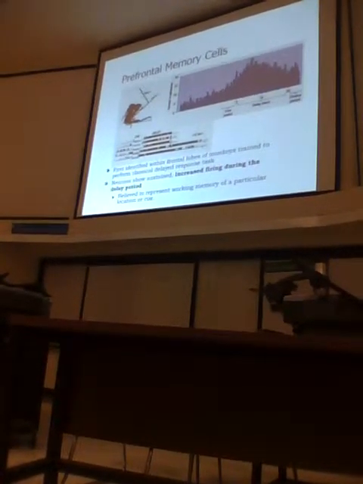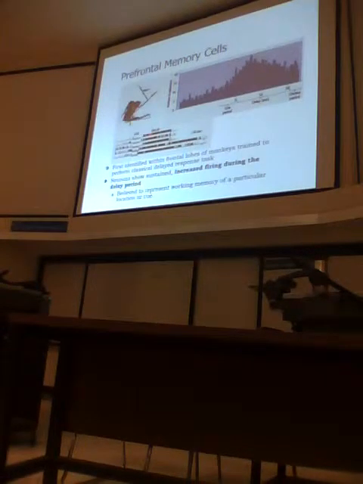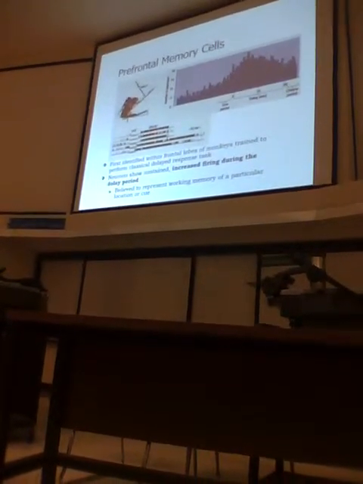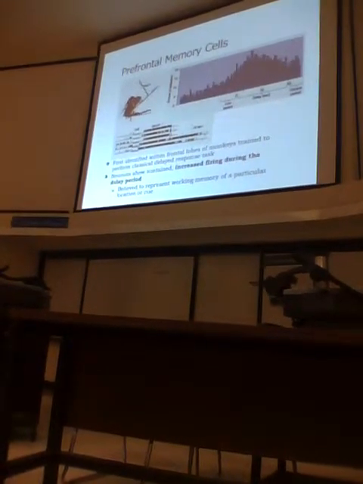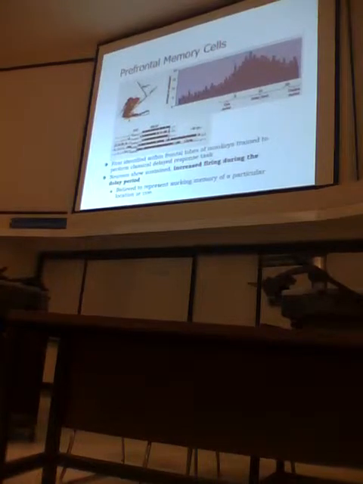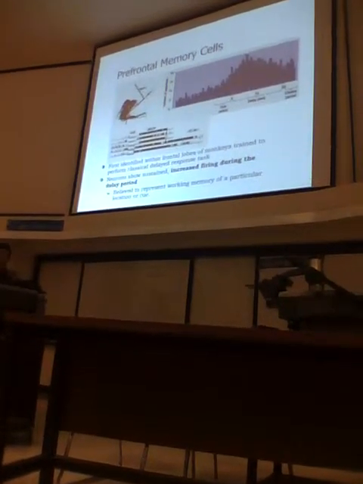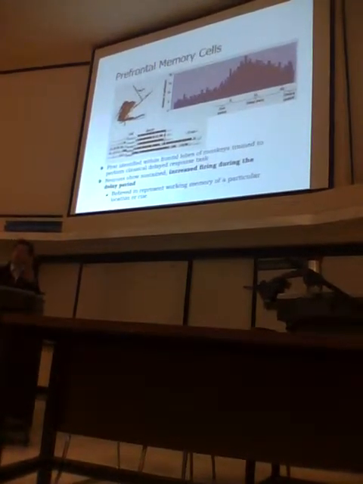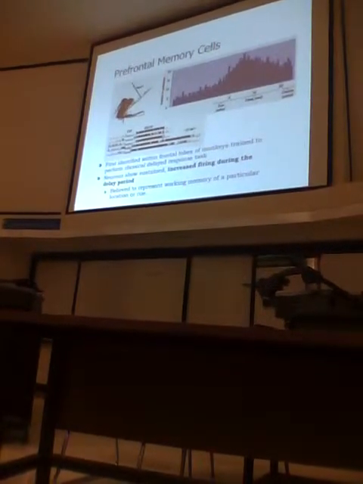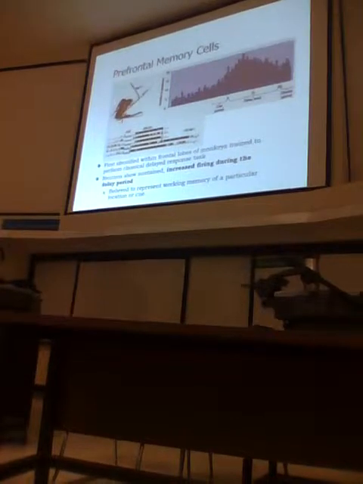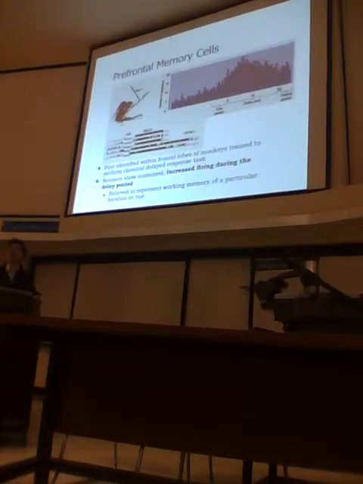So what you find is that there is a consistent and significant increase in firing of these prefrontal cells during the delay phase. But in many cases, not in all cases, when the animal is choosing the object, reaches out and touches the object, in other words carries out the motor action, these cells tend to reduce their firing rate.